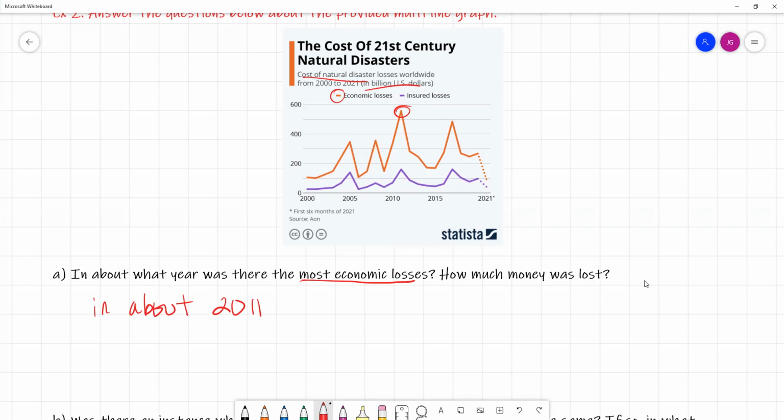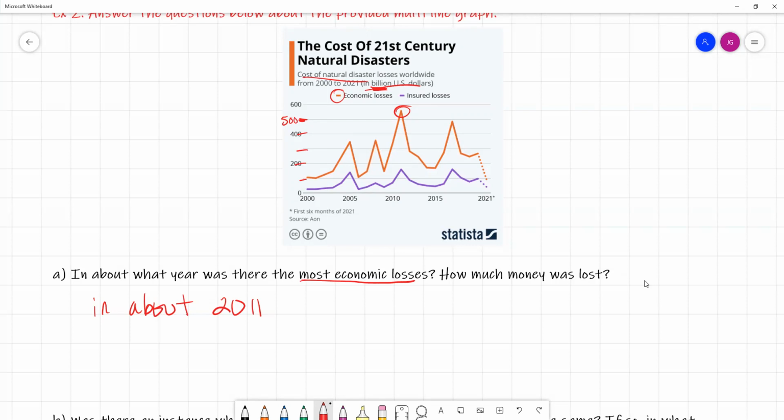And as far as how much it was, well, it looks like every other line is 200, which means that every line is 100 billion, because it's in billions of US dollars. So right here is 500 billion. And this is about halfway there.